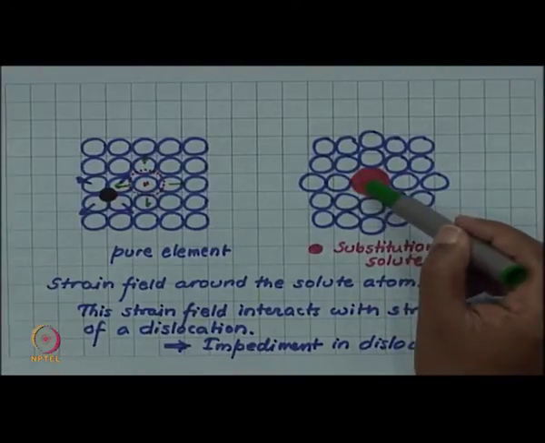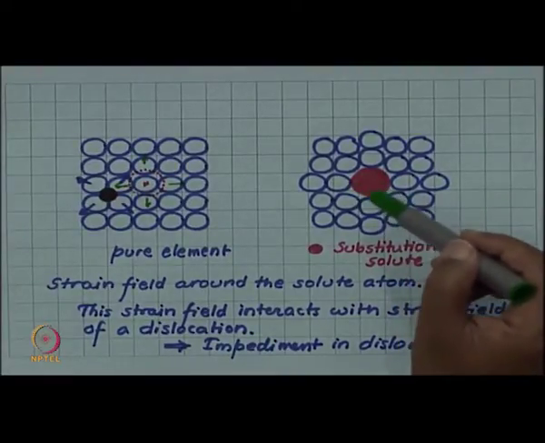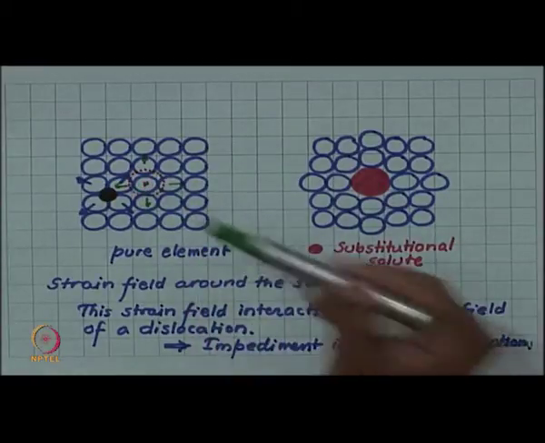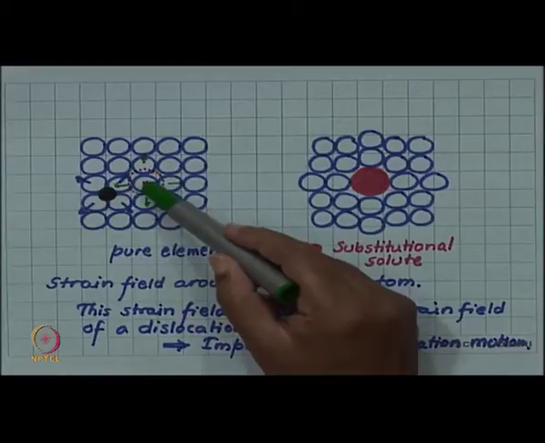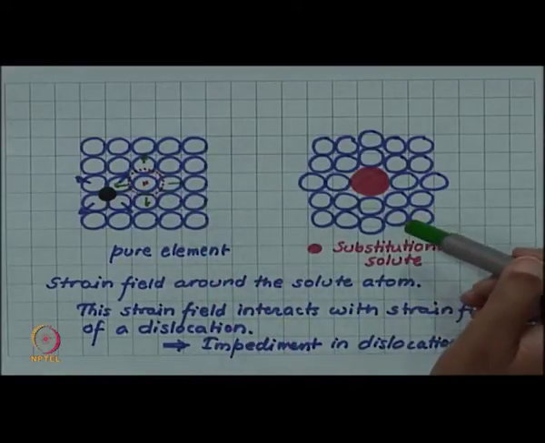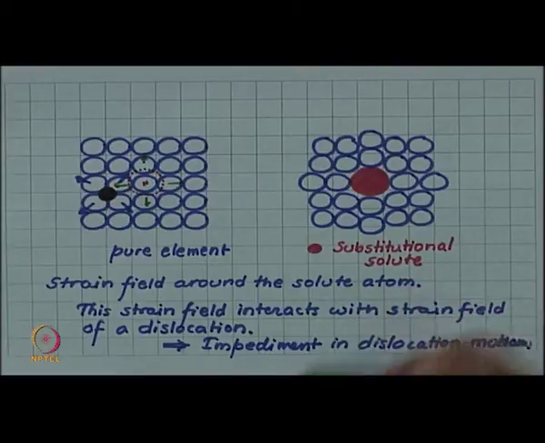Larger is the size difference. If the substitutional solute atom happens to be exactly the same size as the matrix element, then there would have been no strain. So, the strain is caused because of the size difference.